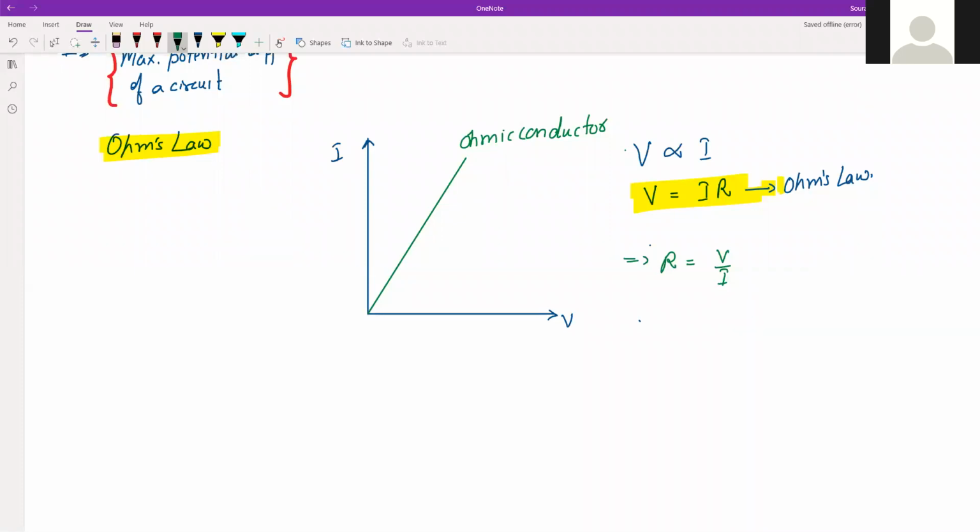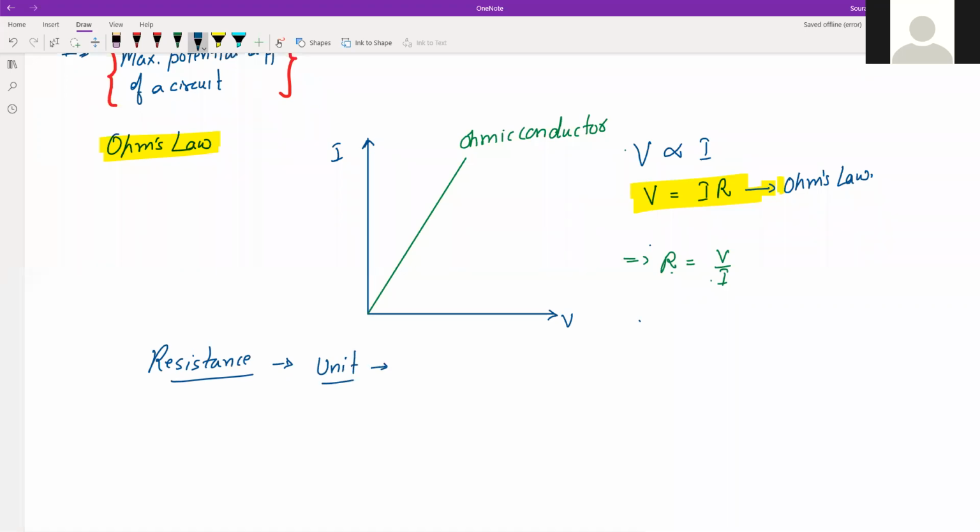The more the resistance, the less will be the current. So if you see here, R and I are inversely proportional. More resistance, less current. Less resistance, more current. Right? Okay, next, what is its unit? If we talk about resistance, what is the unit for resistance?